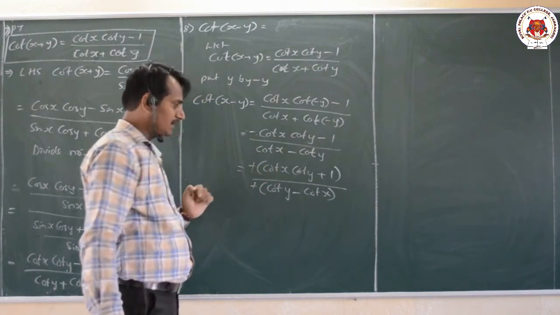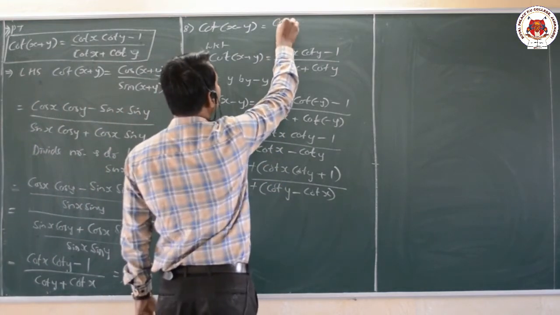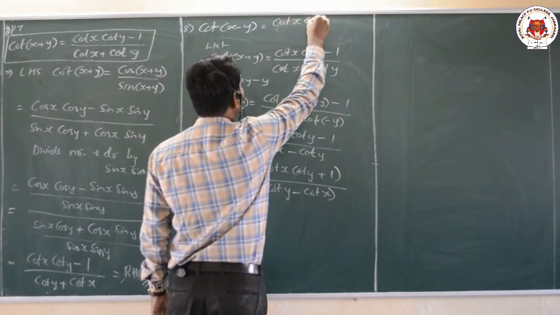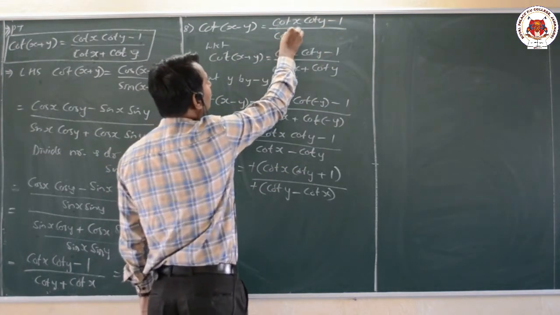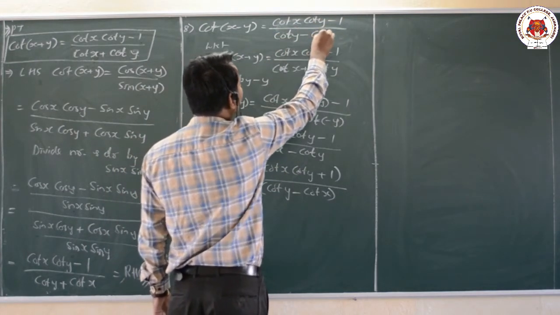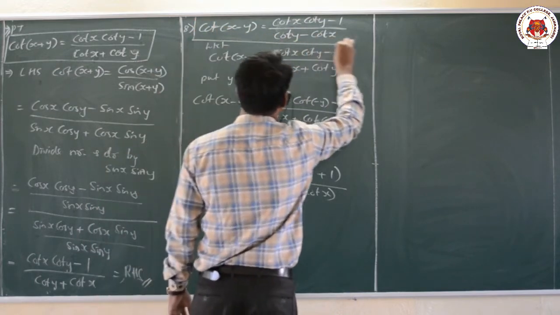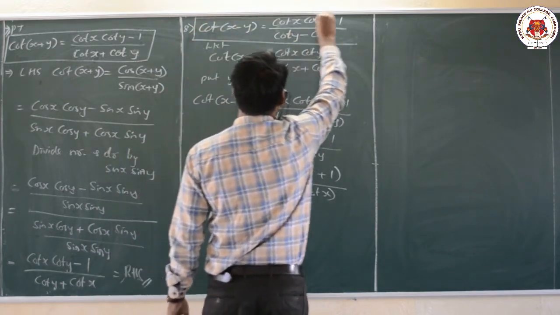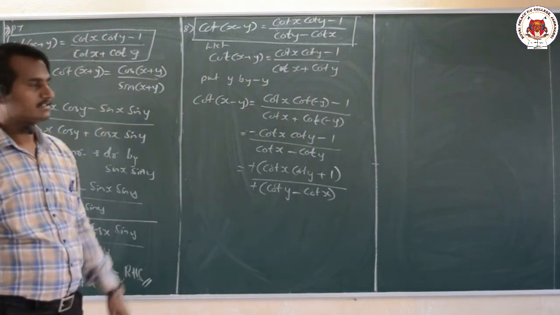The reason is very simple, just to eliminate the minus sign. So the formula we get is cot x cot y plus 1 whole divided by cot y minus cot x. That is our required result.